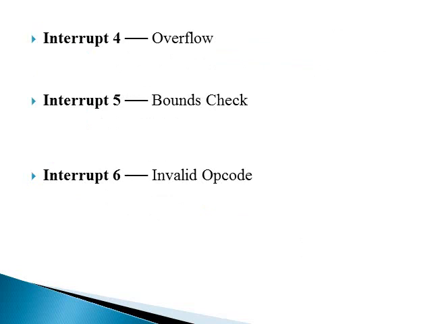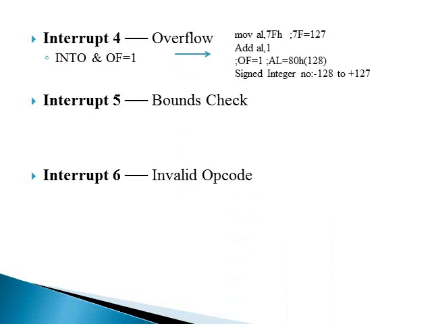Interrupt 4, which is an overflow exception. It is a trap which occurs when the processor encounters an INTO instruction and the overflow flag is set. Let's see an example of it. As you can see, the number 7F, whose decimal equivalent is 127, is moved into the AL register. 1 is added to the AL register, which results in 80H, whose decimal equivalent is 128.